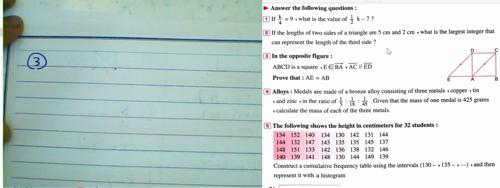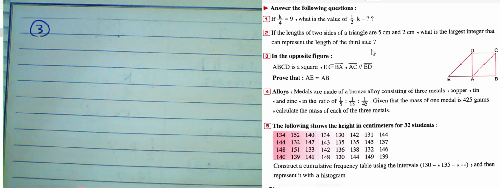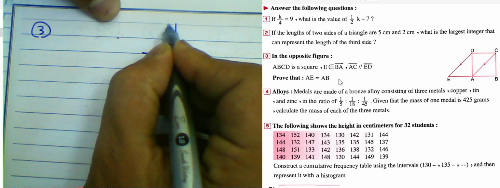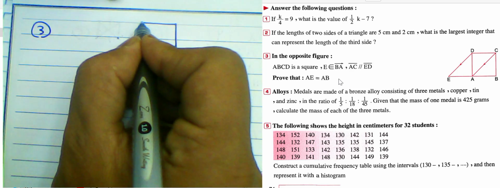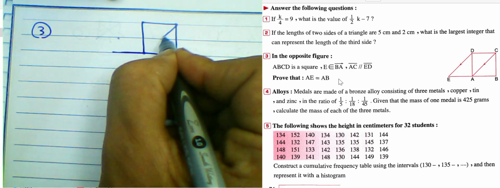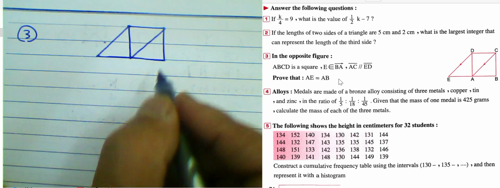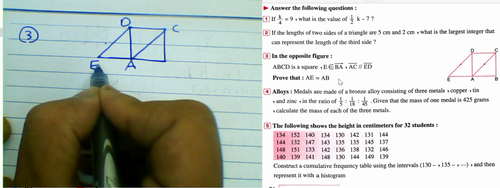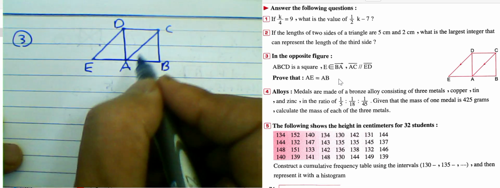We have ABCD square and E belonging to the ray BA, and EC equal to ED. Prove that AE equal AB. Okay, we have a square here, and we can draw two sides parallel, CA parallel to DE, and we have here P. Square, okay?